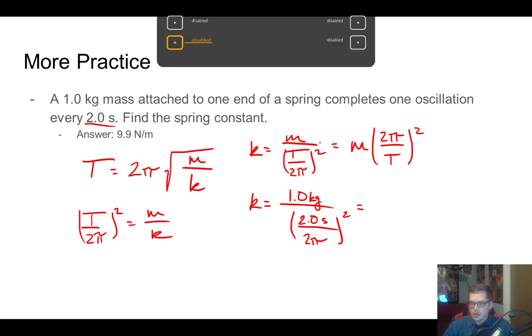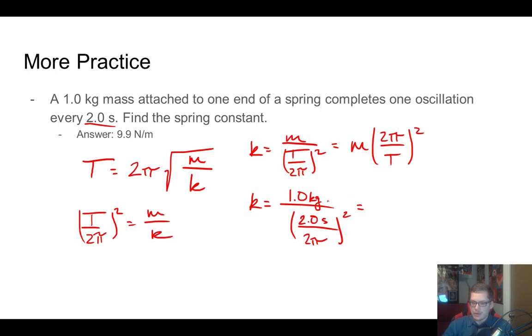Oh, I did this one, didn't I? I went and solved it, whatever. 1 divided by 2 divided by 2 pi squared. And we get 9.87. And it's newtons per meter because it's the spring constant. Oh, and we want everything in 2 sig figs, so it would really become 9.9 newtons per meter, which is exactly what we got up there.